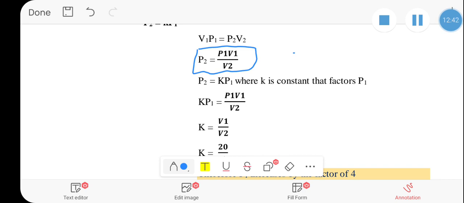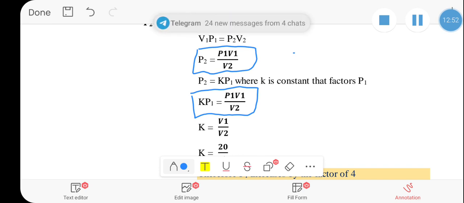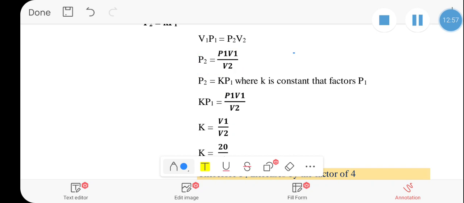P2 means K times P1, so K times P1 which is equal to P1 times V1 over V2. Now cancelling P1 by P1, K which is equal to V1 over V2.